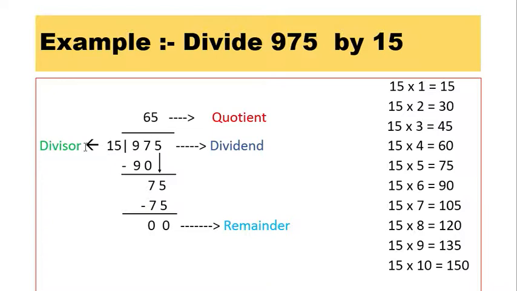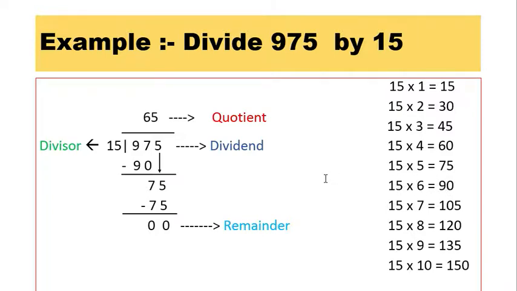Yes, 15. Can you find the 9 in 15's table? No, because 9 is less than the divisor, less than 15. So we take another number. 15 multiplied by 6 is equal to 90.